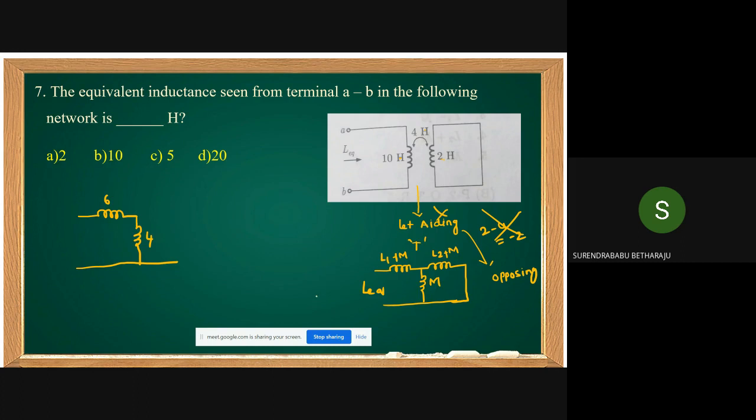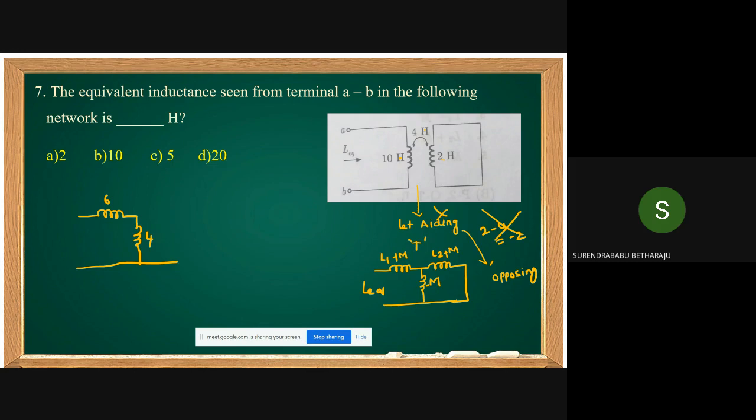If it is opposing, L1 minus M and L2 minus M can be obtained. But the mutual inductance is minus M, based on the dot polarity only.